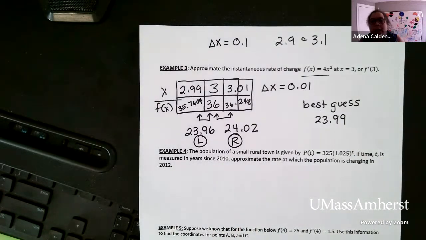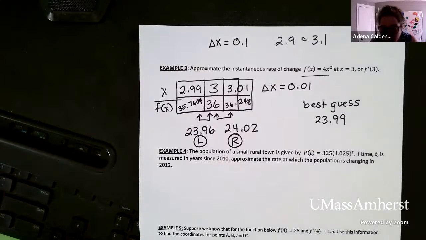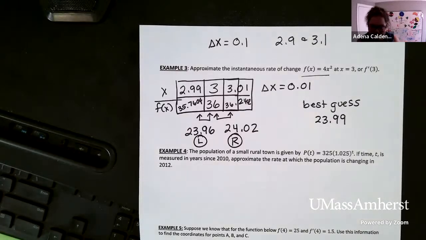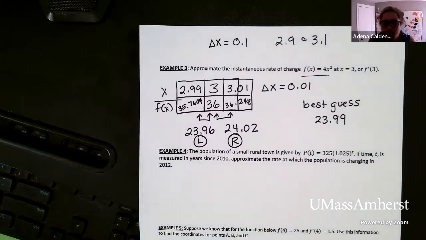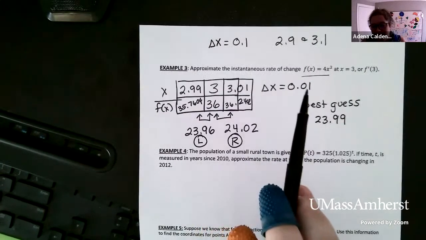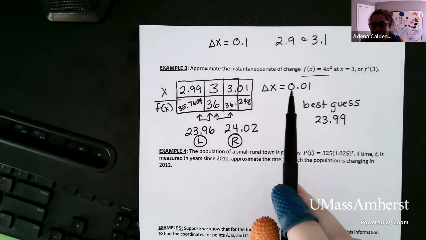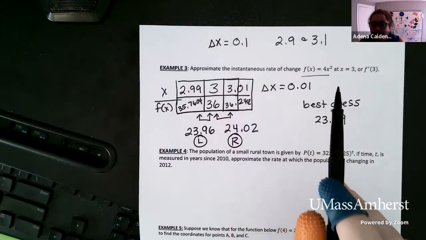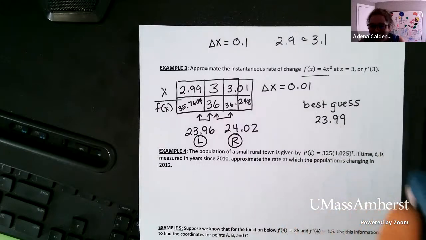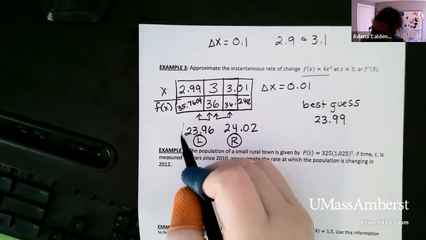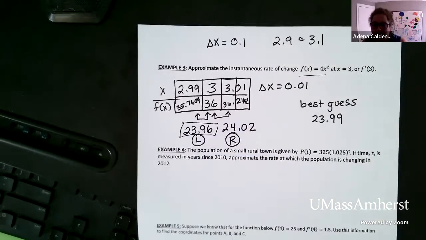Okay, in addition to the delta x, there's three different things we can ask you for. We could ask you for the left-hand approximation only. So we could say approximate the instantaneous rate of change of f of x using delta x equals 0.01 to the left, or using a left-hand approximation, which means that this is the number we are looking for.